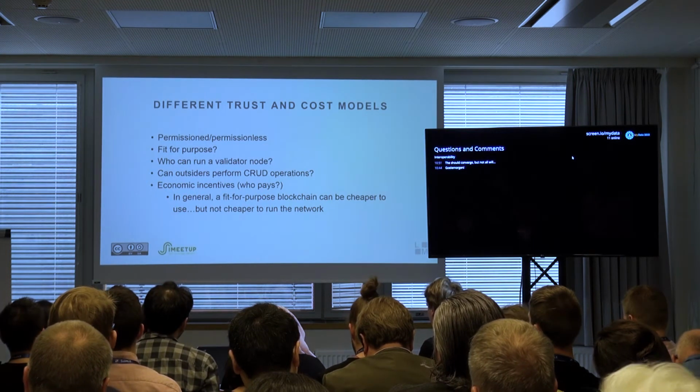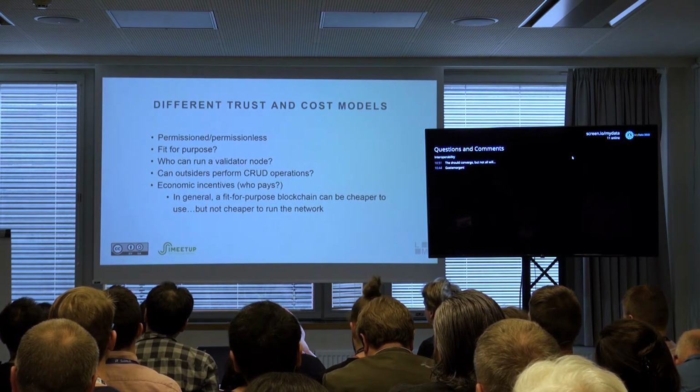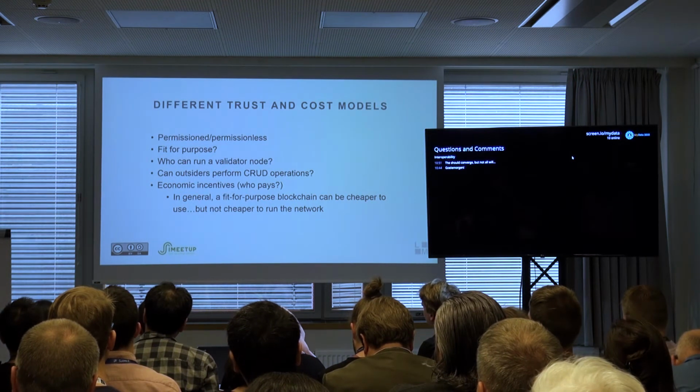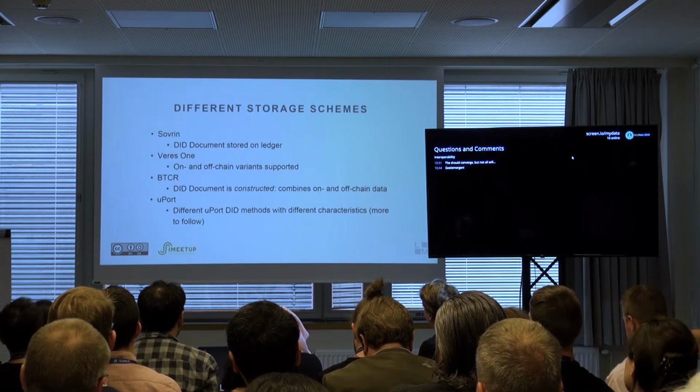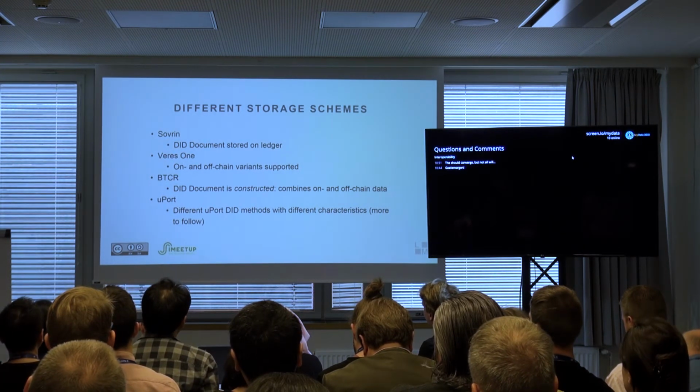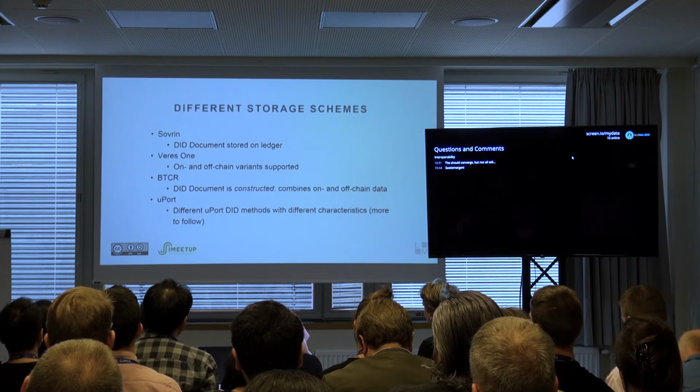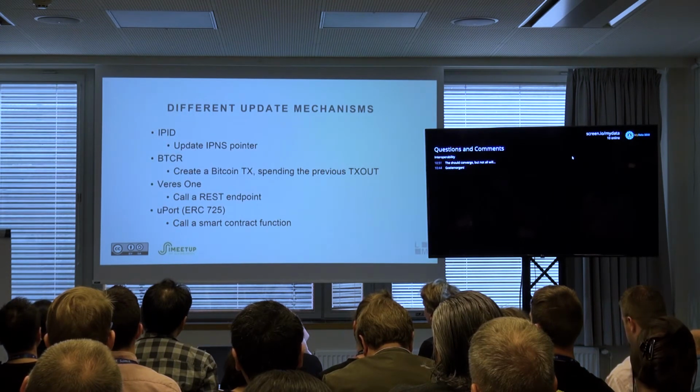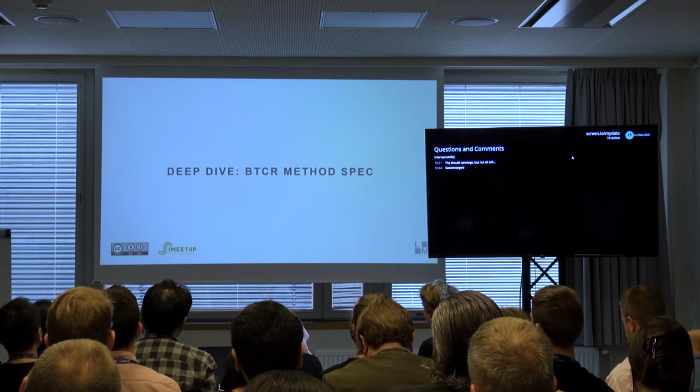A fit-for-purpose blockchain can optimize for certain scenarios, but it's not necessarily cheaper to run the network. There are also different forms of on-chain and off-chain DID document storage, and different update mechanisms. I'm just going to plow through.